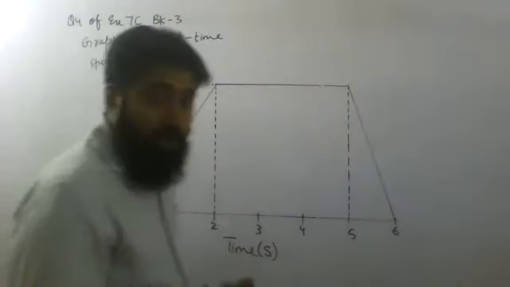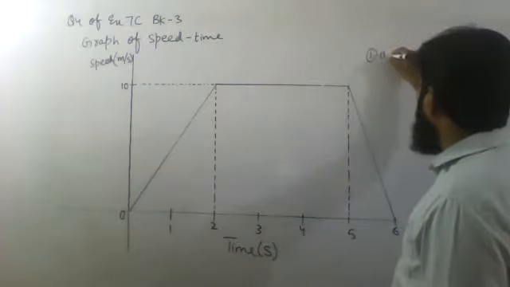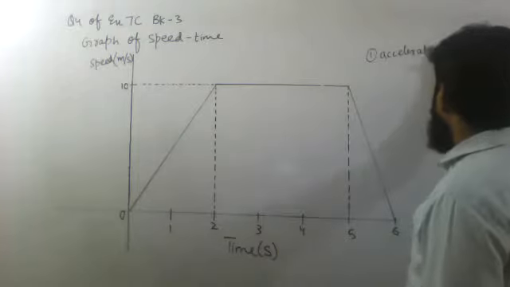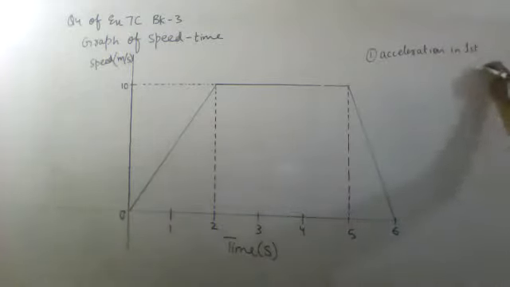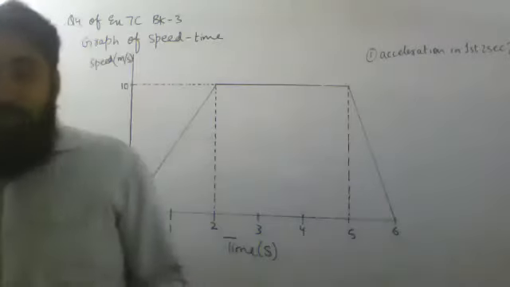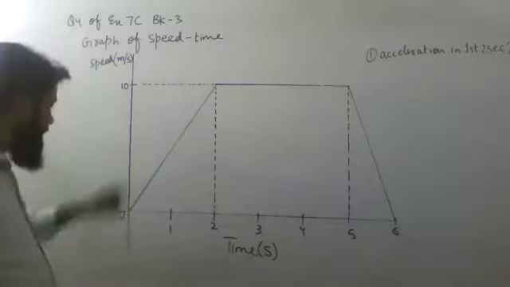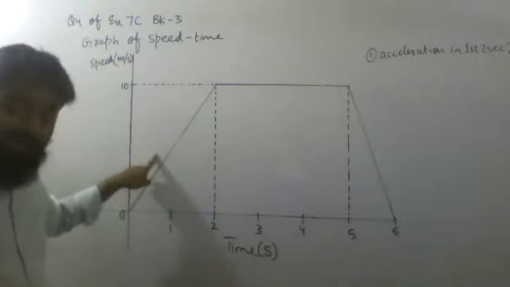Okay. Now, in A part of the question, they are saying find acceleration in first 2 seconds. I have to find acceleration in first 2 seconds. Now, in the explanation of speed time graph, I have told you first thing: this line is going to show that it is accelerating.